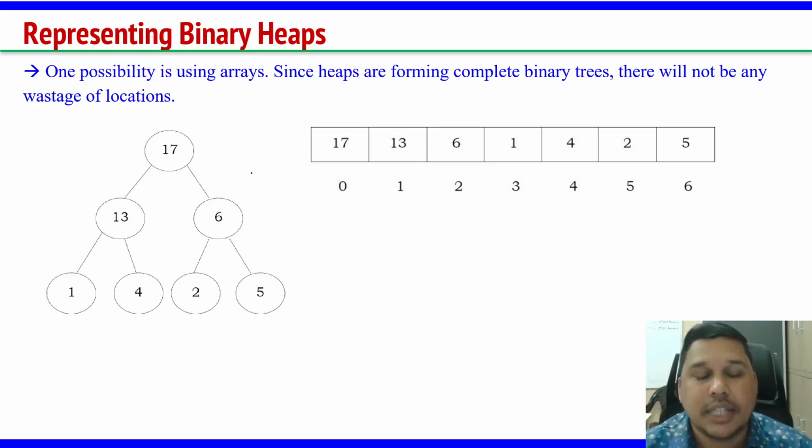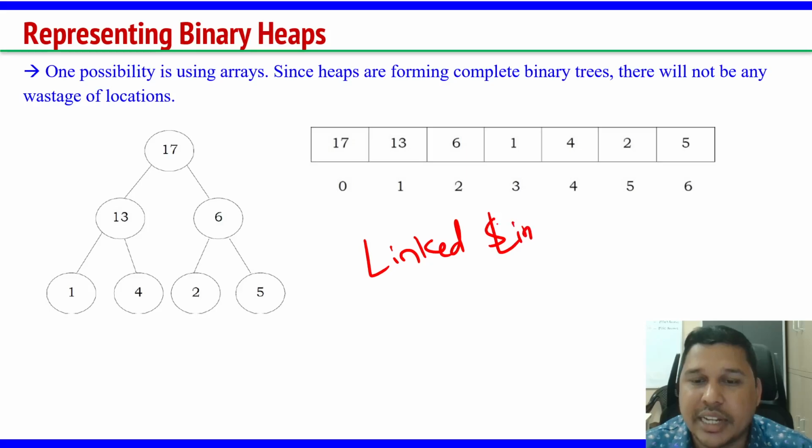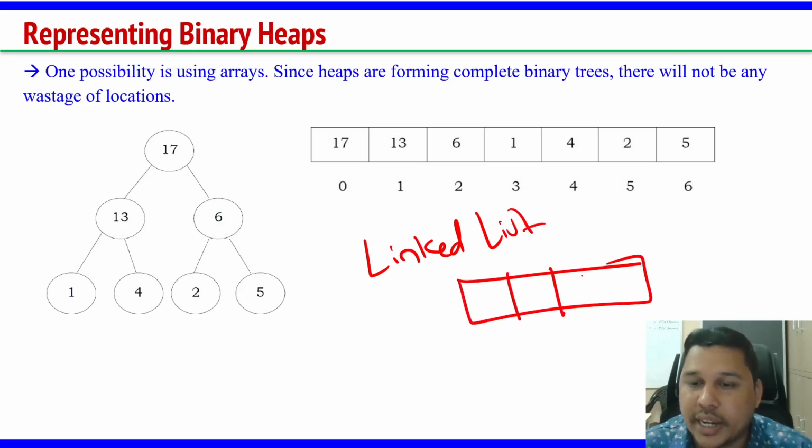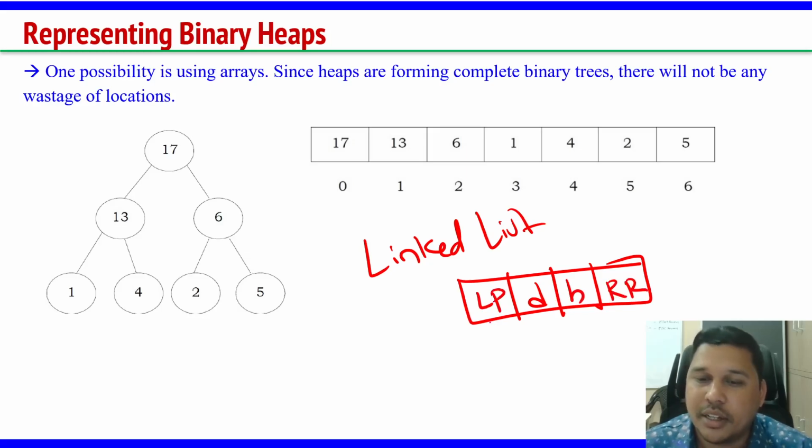We have seen that for binary trees, binary search trees or AVL trees, we are using the linked list style of storing. You create a node like this, putting here data, height, left pointer, right pointer, and we store elements in a tree.